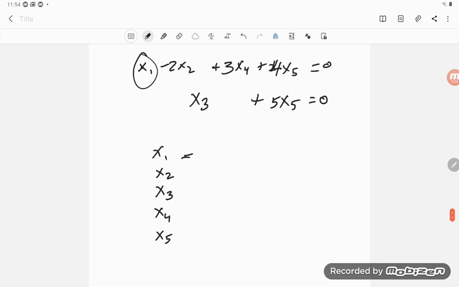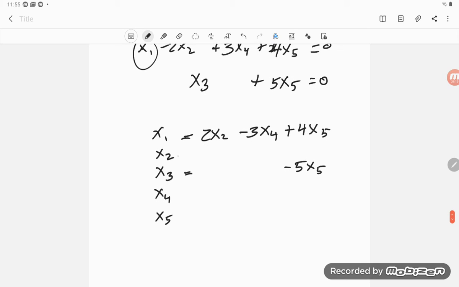So if I solve for x1, I get 2x2, the negative of -2, so +2, minus 3x4 and plus 4x5. And then x3 is just a minus 5x5.